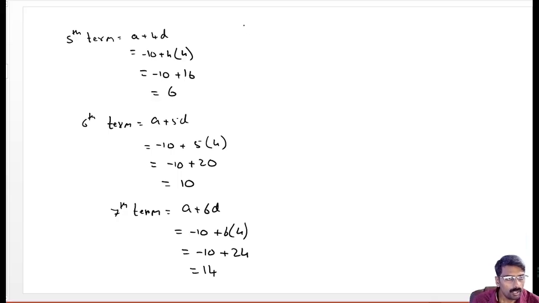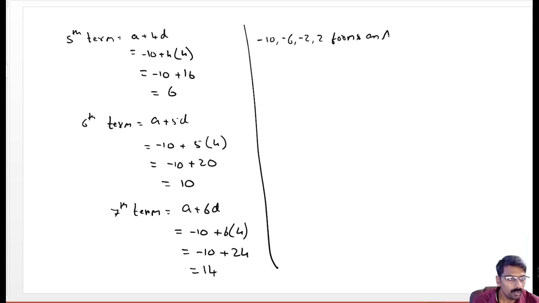So these are our three terms. So our final answer can be written as minus 10 comma minus 6 comma minus 2 comma 2 forms an AP. And the common difference D is 4.